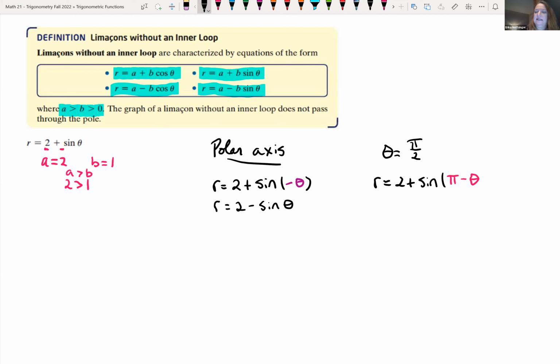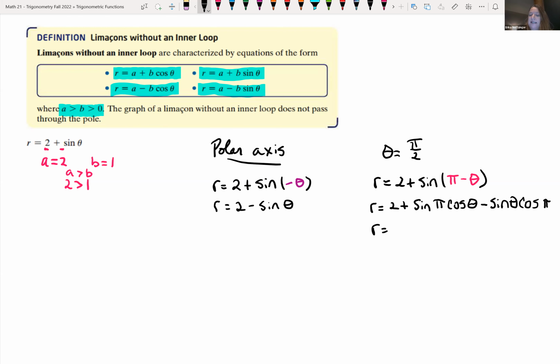What we want to see is this equation remain unchanged. So r is equal to 2 plus, so I have a difference of two angles for my sine, pi minus theta. I can use my difference of angles for sine. So this would give me sine of pi, cosine of theta, same sign, so minus sine of theta, cosine of pi.